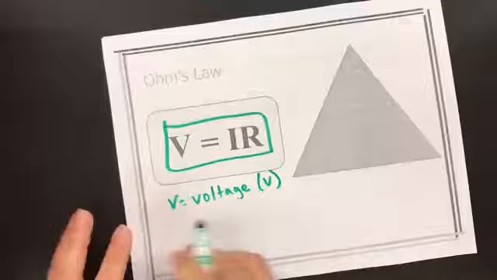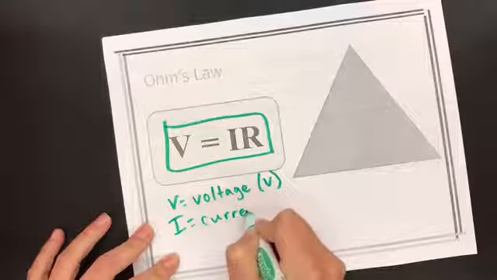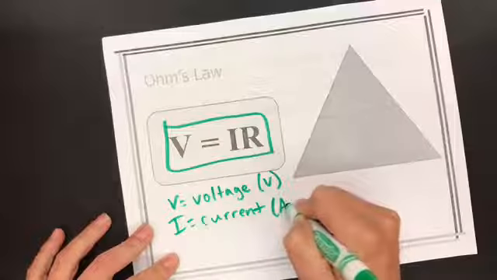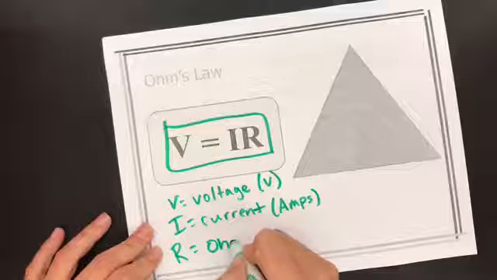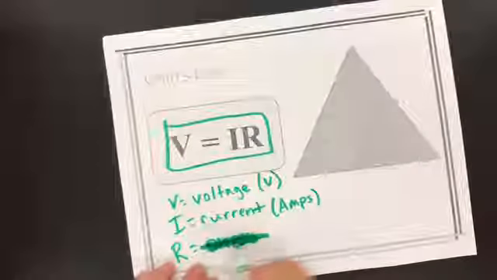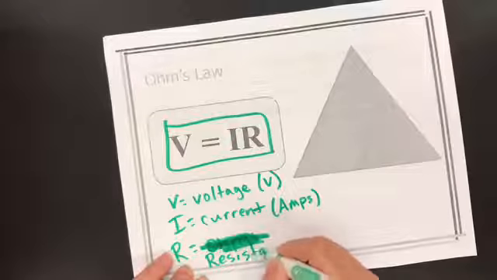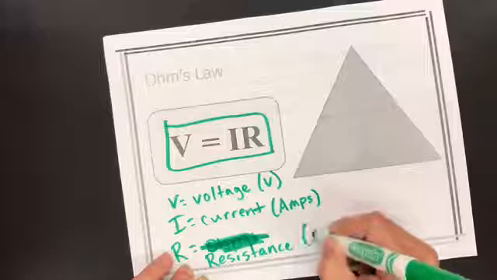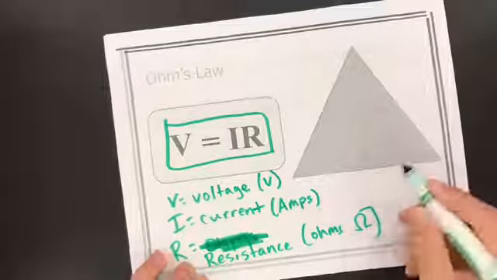Its units are V, so that should be easy to remember. I stands for current. Its units are in amps. R stands for, not ohms, sorry, stands for resistance. Its units are ohms, or it's written as the Greek letter.